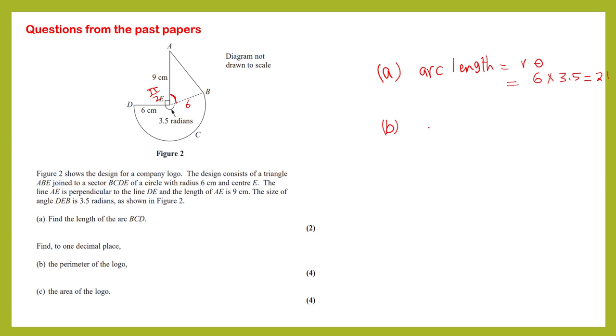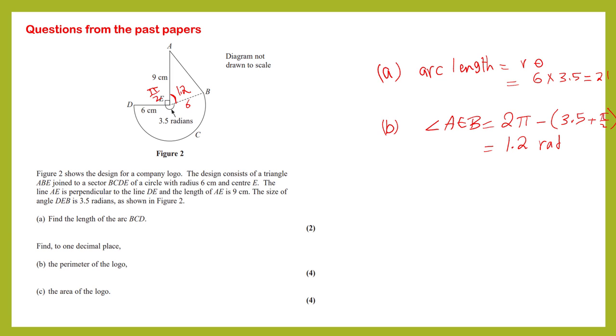Angle AEB equals the total of the angles, 2 pi, minus 3.5 plus pi over 2. So the measure of this angle will be 1.2 radians, or rad. So the measure of this angle is 1.2 rad.